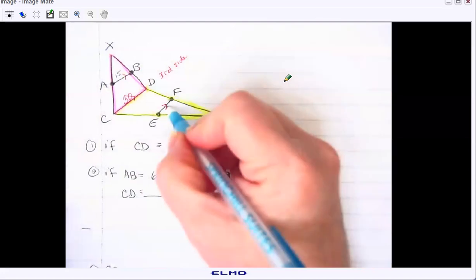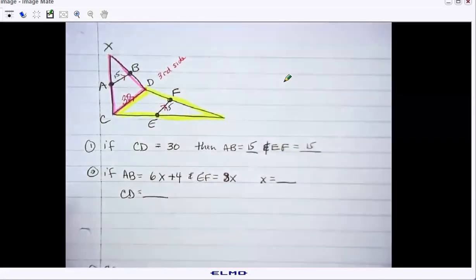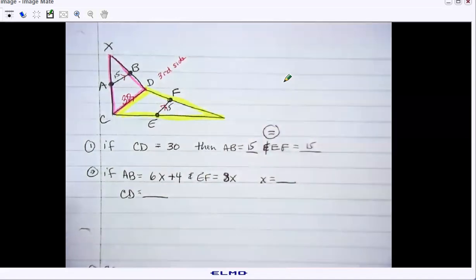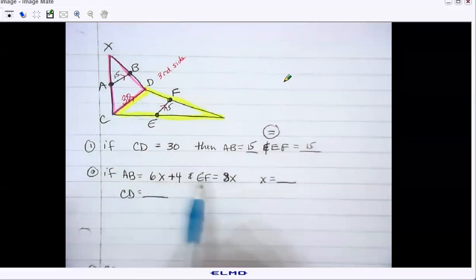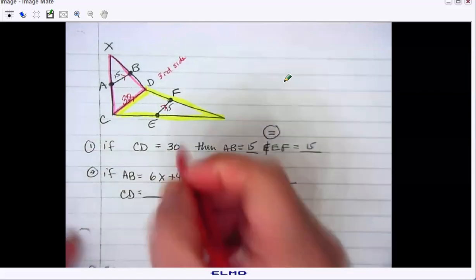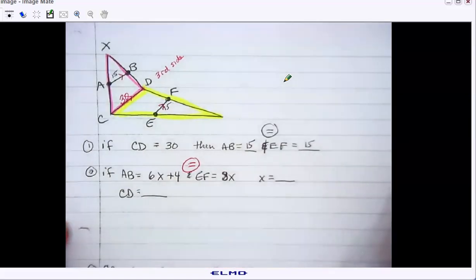Okay. So look at what we noticed about AB and EF. AB and EF are equal because that shared side of 30 is shared. Okay. So that's going to help us on the next problem where it asks us to find x and we're given AB and EF. Well, we just said that AB and EF are equal. So that becomes our equation.